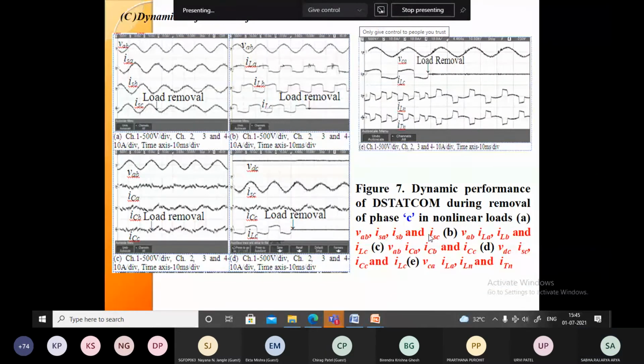See the supply current: VSA, ISA, ISC with all three balanced currents. The load current is 0 in one phase, but the supply is balanced. Then you can see the supply voltage and the compensating currents in all three phases.